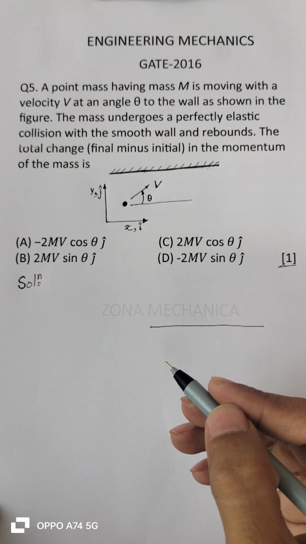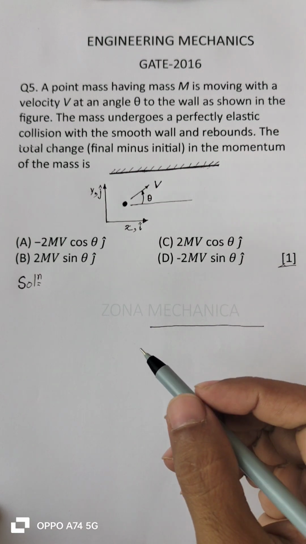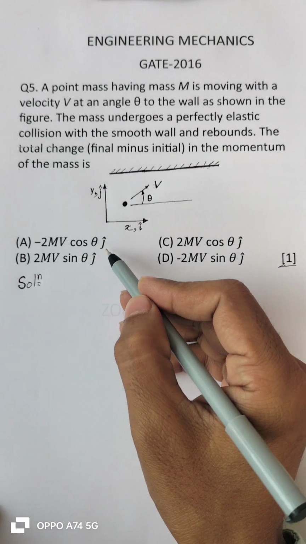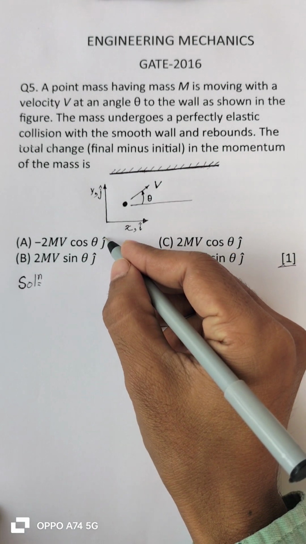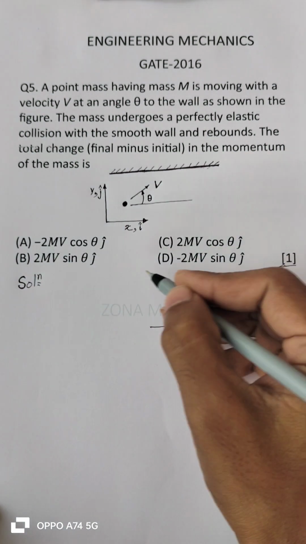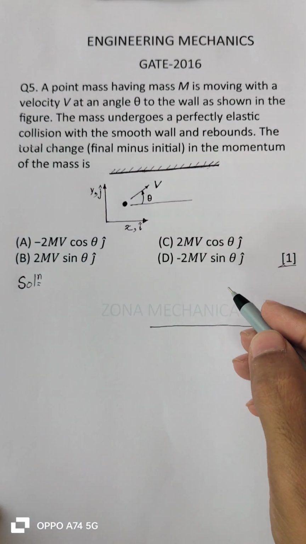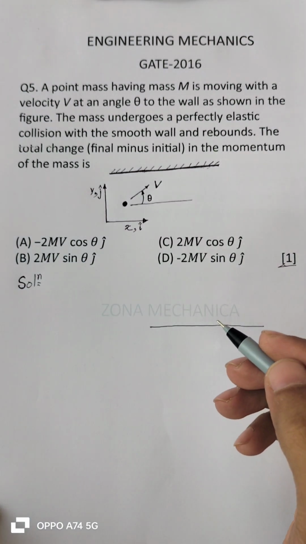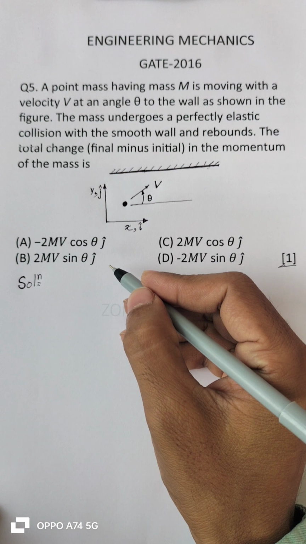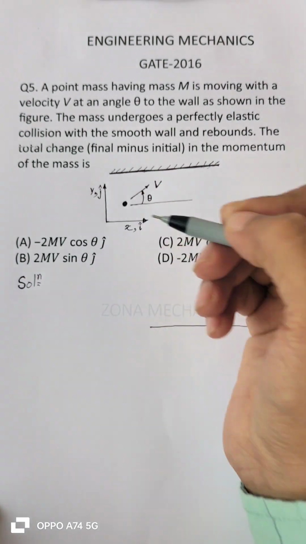The point to be noted here is that the options are given with unit vector j cap. See, all are having j cap. That means the answer is expected along y-axis.